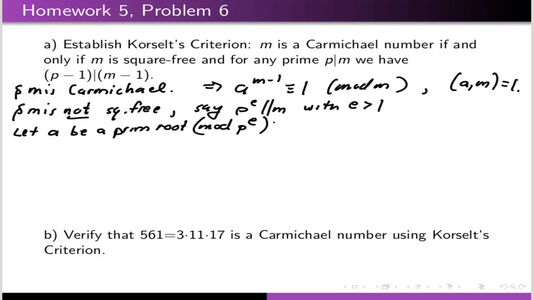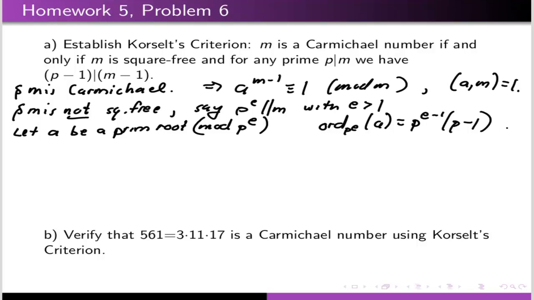I can't choose a primitive root mod m because I don't know that m has one. But I do know that for this odd prime p to the e, there will be a primitive root. So let a be a primitive root mod p to the e, meaning that the order of a is p to the e minus 1, p minus 1.